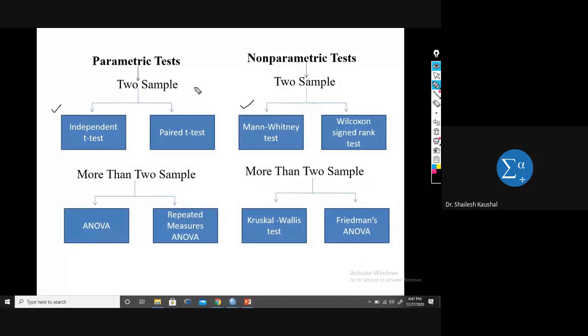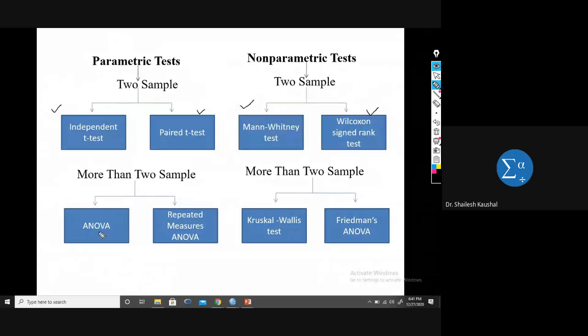If our data is not normal, not homogeneous, then we use the equivalent, the Wilcoxon signed rank test. It is the same as the paired t-test. We use it because my data is not normal, not homogeneous.